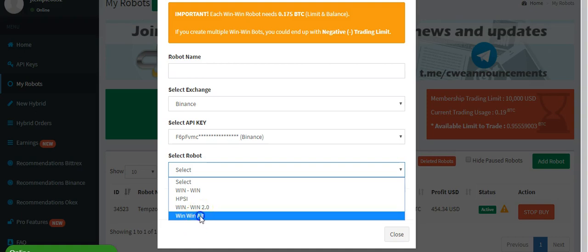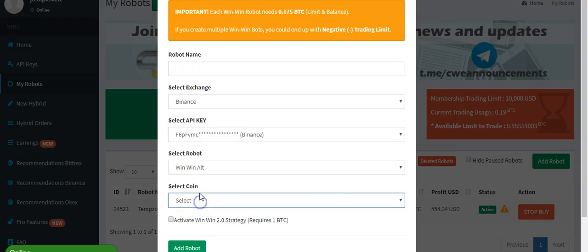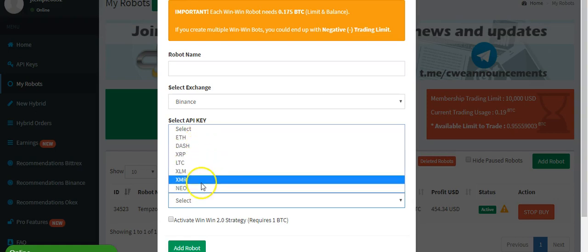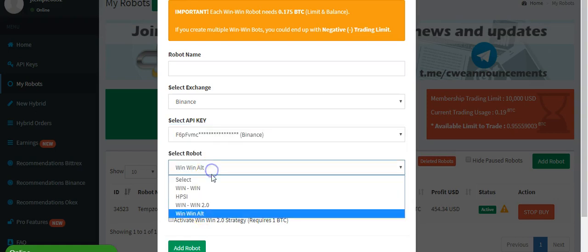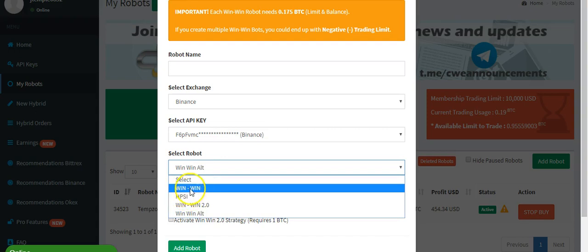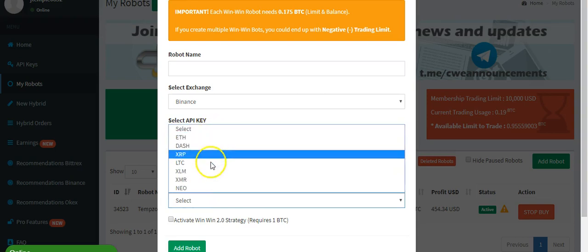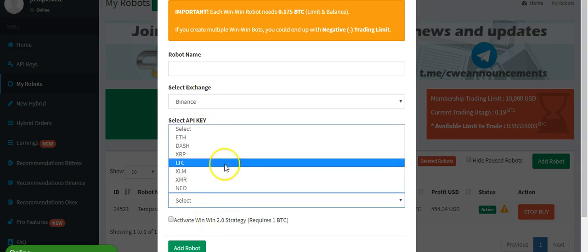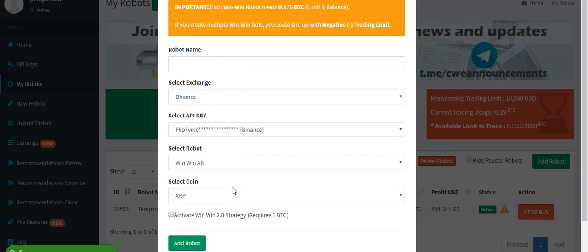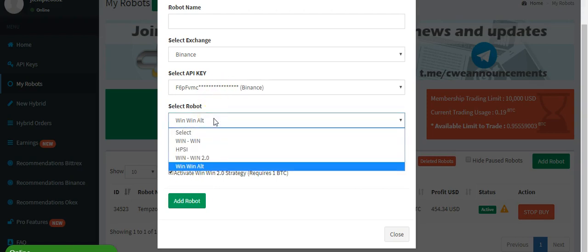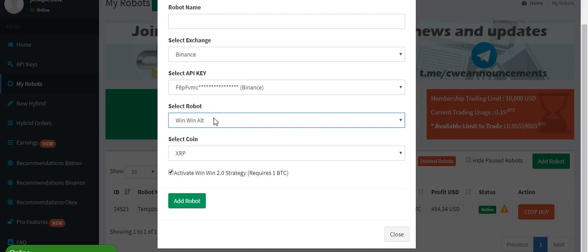And then we got the WinWin Alt, which allows you to trade all these different altcoins specifically within the WinWin algorithm. Okay, this is a different algorithm than this one, and you can specifically stack these coins, right? And then you can also apply the 2.0 strategy onto the altcoin trading bot, which is really cool. So it's very versatile, but it's also very simple.